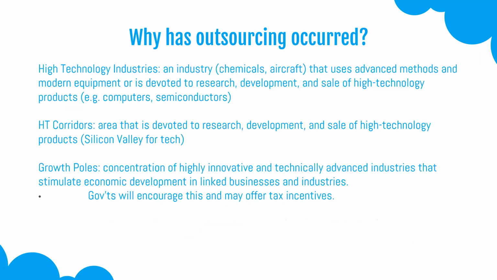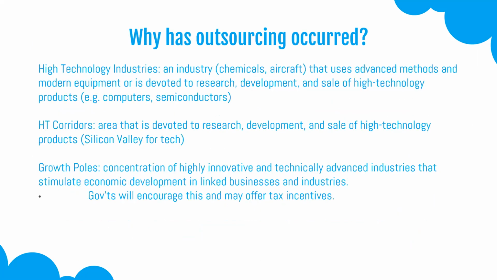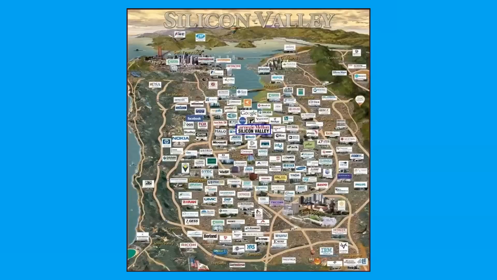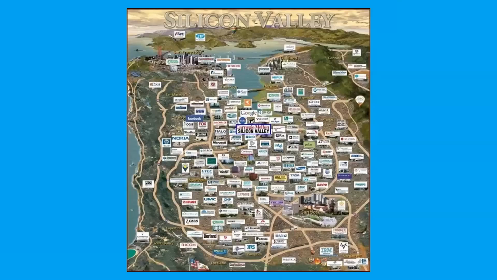So in other words, industries that are highly technical and highly advanced are agglomerated, close to each other, and share the same workers and resources in the area. And Silicon Valley is a perfect example of growth poles, of agglomeration, of these high technology industries that are using post-Fordist methods of production.